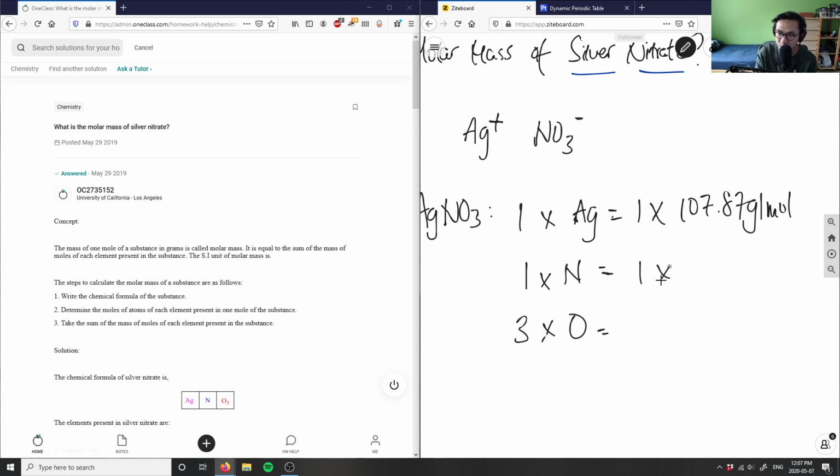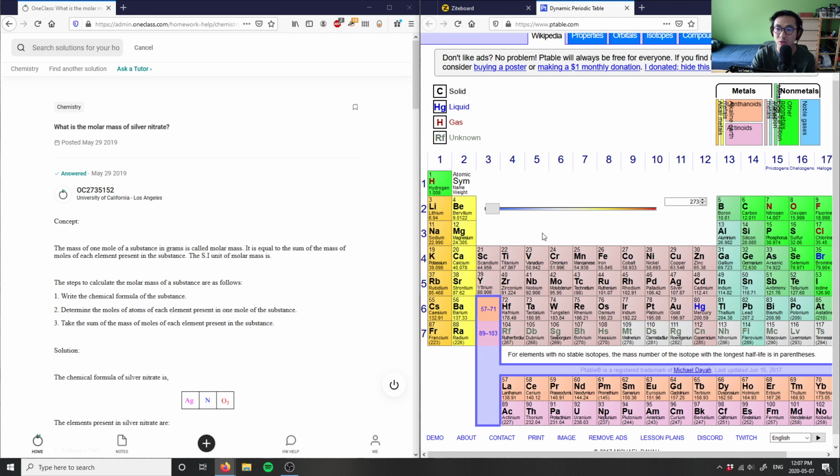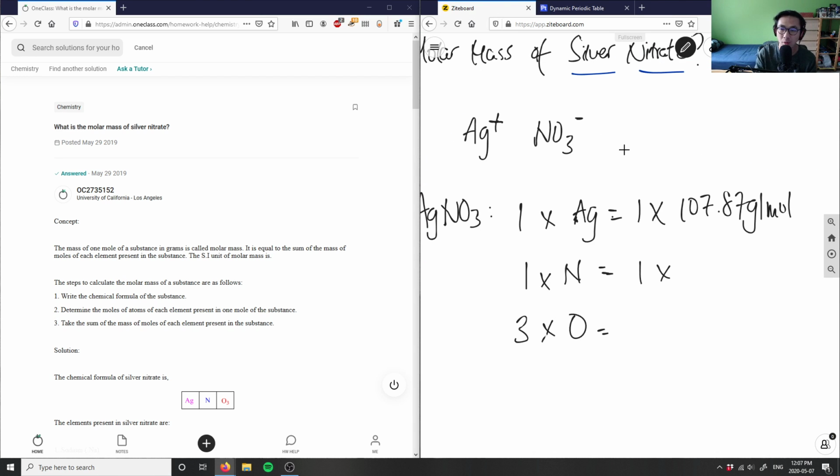I have nitrogen here, so it's 1 times nitrogen. Nitrogen is a non-metal, number 7, and its atomic mass is 14.007, which means its molar mass is also 14.007 grams per mole.